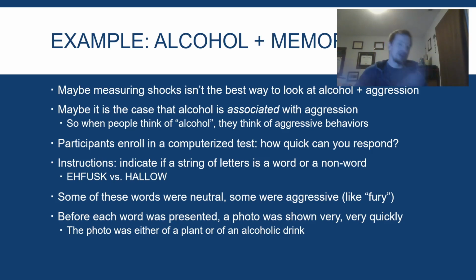So the theoretical background for this particular experiment is that if aggression and alcohol are linked, whenever you show someone an alcoholic drink right before they make a decision right here, they should be faster at replying towards these aggressively charged words than whenever you show them a plant, for example.